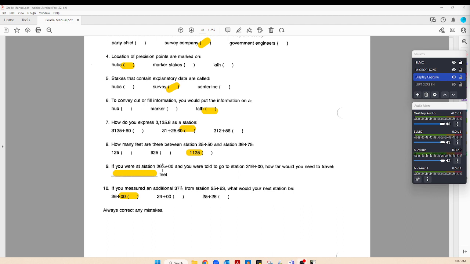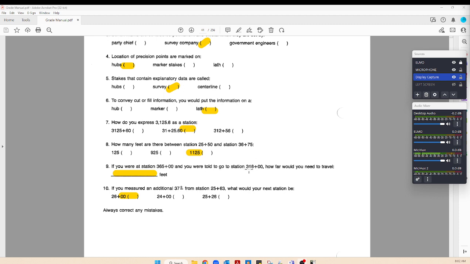So if you take 365 times 100, that equals 36,500 feet. That would translate into 36,500 feet.